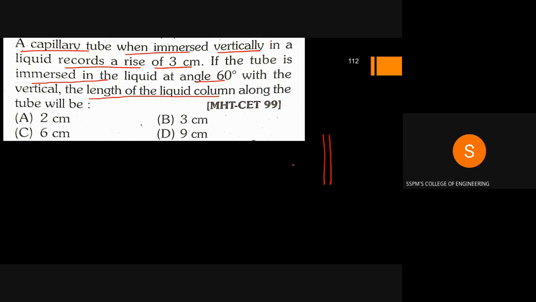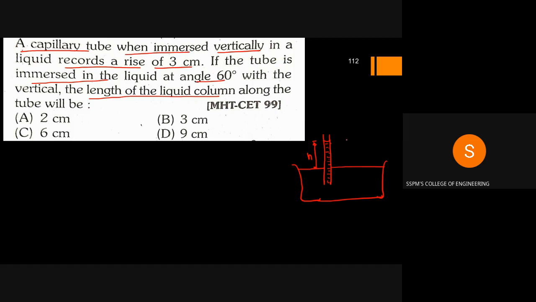So in case of capillary action, when we immerse a vertical tube, this is the rise of the liquid. This rise of the liquid is h.